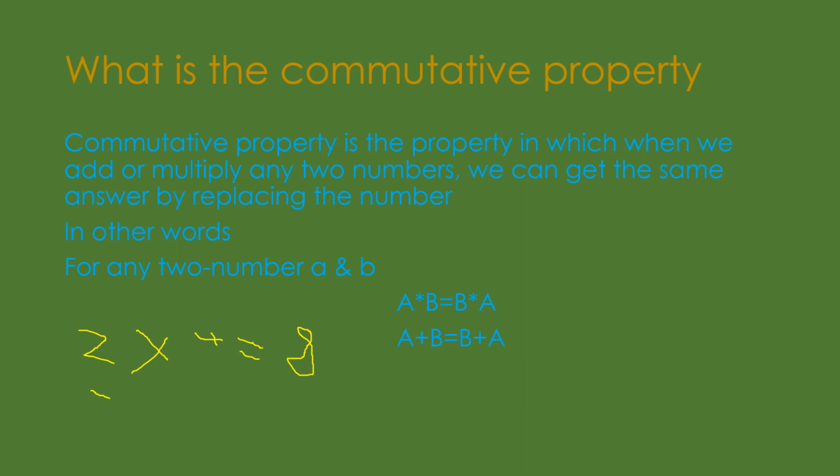Now let's see, 4 into 2 is equal to 8. Now here if we interchange or reverse the number sequence, we get the same answer as 8. So therefore this also comes under the commutative law.